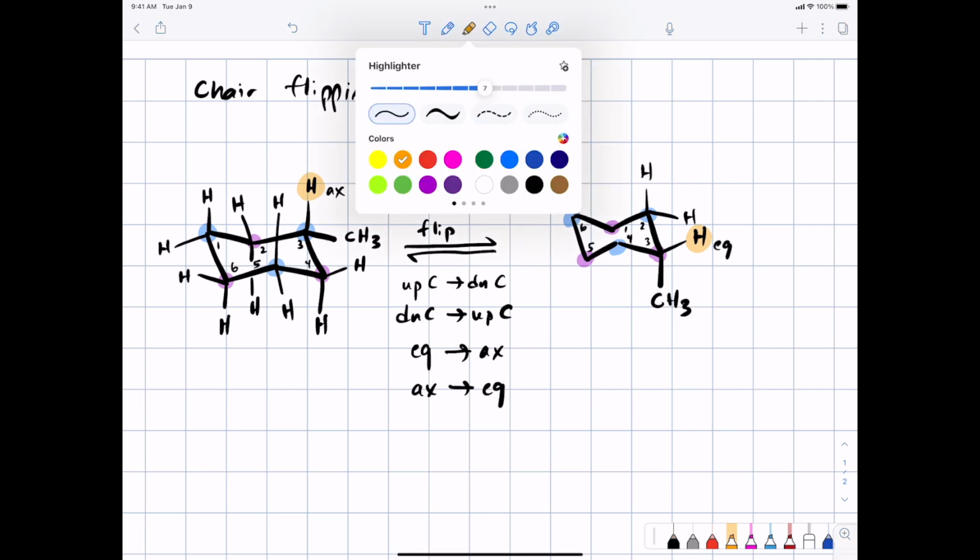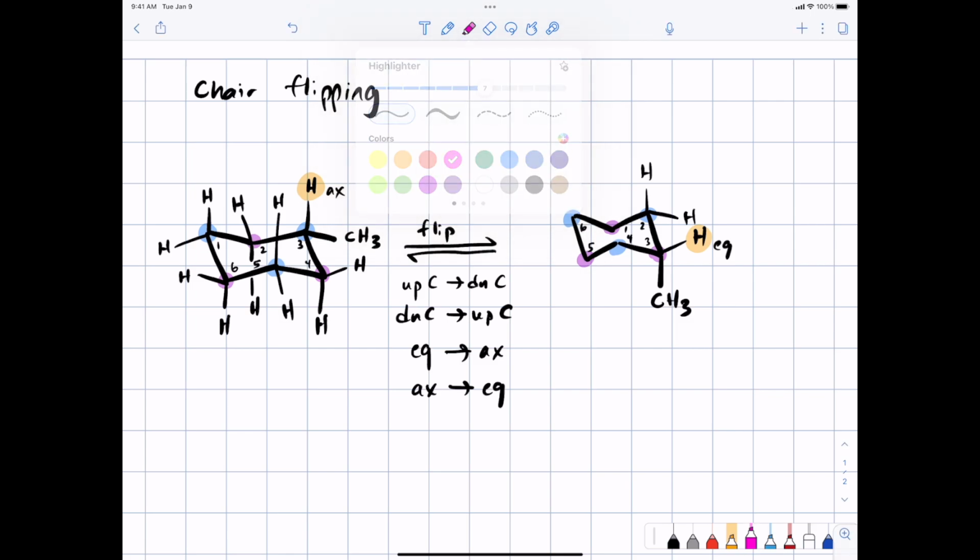And what used to be, I need another color, equatorial, is now axial. But notice, methyl group was down equatorial here. It is now down axial here. Proton was up axial here. It is up equatorial there.